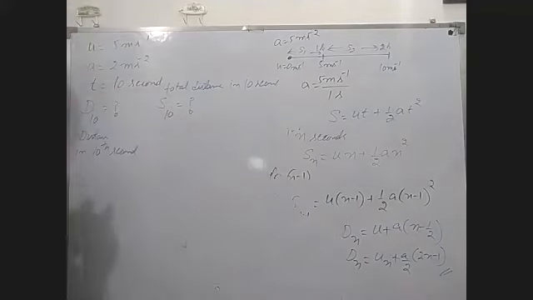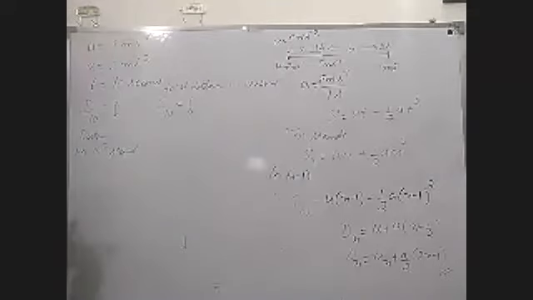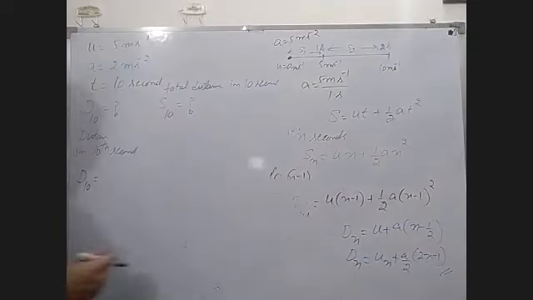This one is easy and you have studied it in 9th class also. Now take d 10 first. We know that d n is u plus a by 2 (2n minus 1). Put the values here. What is the value of u? 5, plus what is the value of a? 2, by 2.